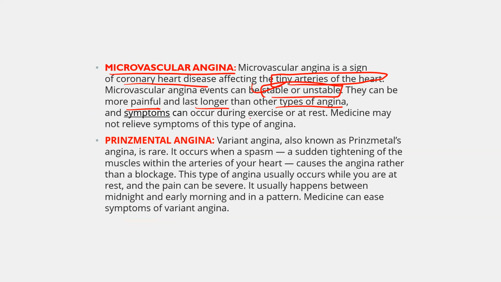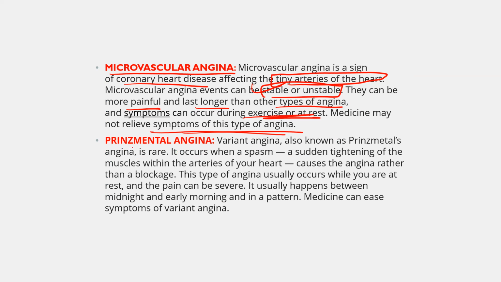And symptoms can occur during exercise or at rest. So it is a mixed form of stable and unstable angina. It can occur due to exercise or during rest. Medicine may not relieve symptoms of this type of angina. So basically, it occurs due to microvascular changes in the heart.